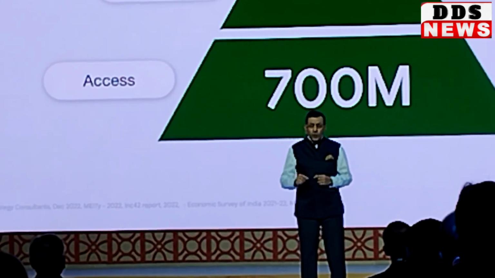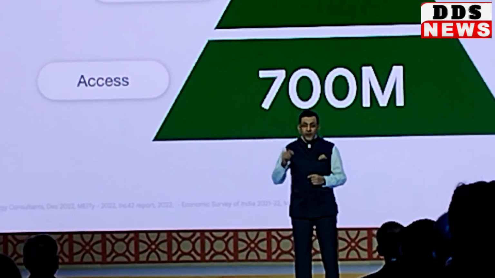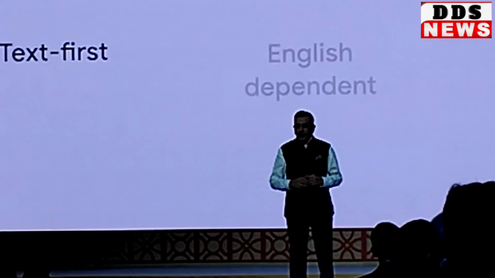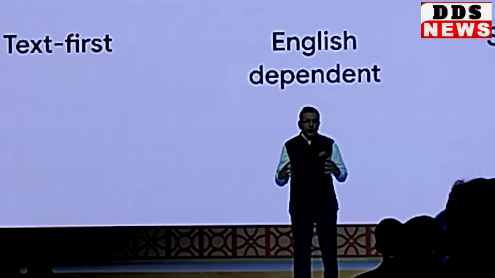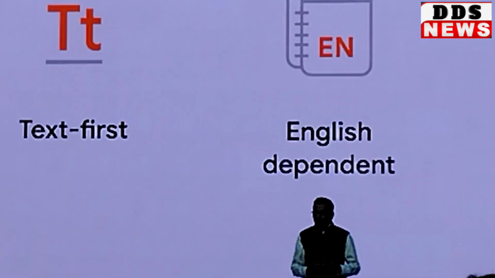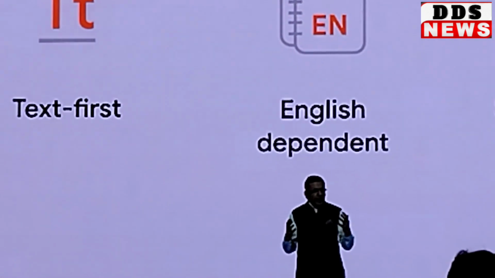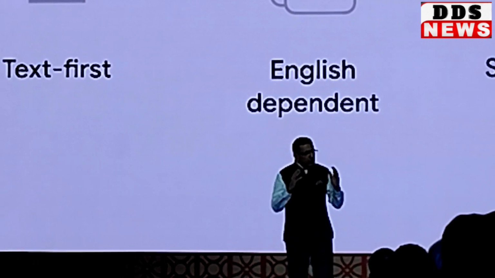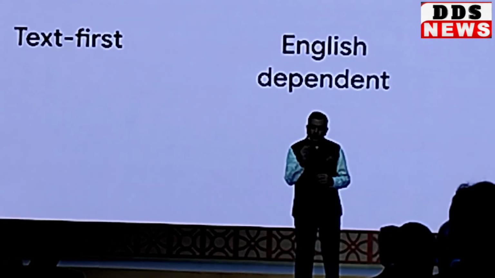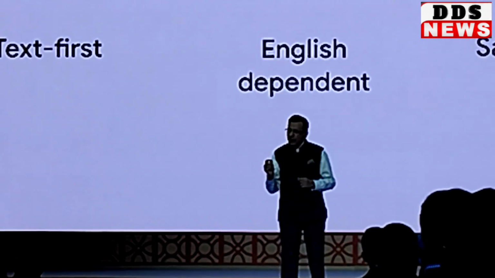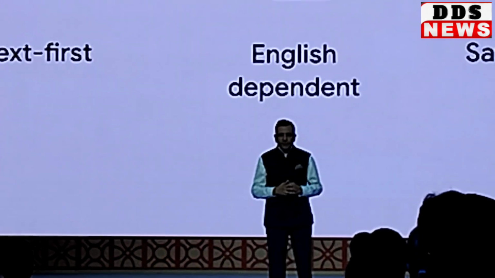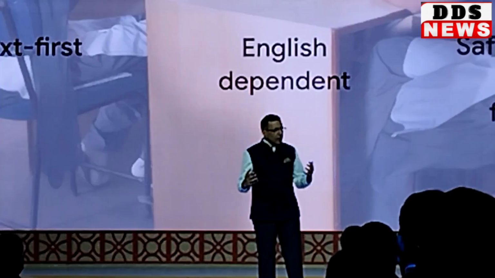This happens because even today, in 2022, the internet is not fully inclusive. It is text first, largely driven by English, and most worryingly, safer for some and less safe for others. So imagine a first-time user of the internet.